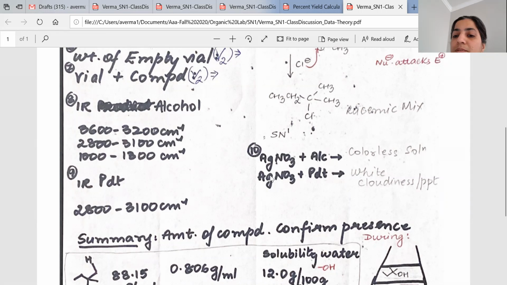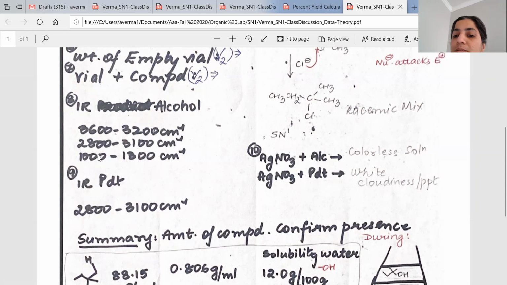However, as soon as you add a drop of AgNO3 to 2 drops of your product, the alkyl halide, you will immediately see some cloudiness or precipitation of white color, indicating that the material that you have added to AgNO3 is indeed an alkyl halide.